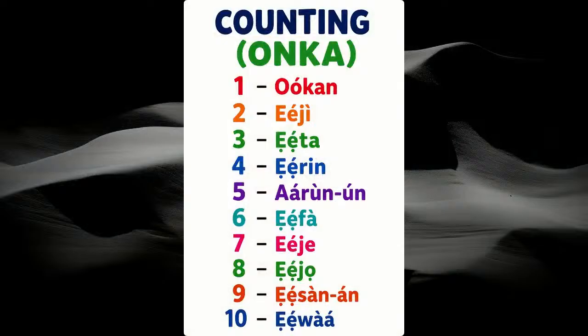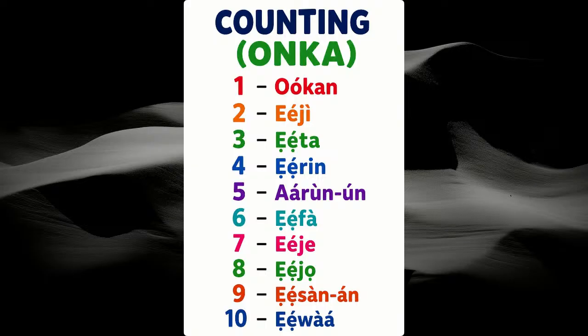Now I'm going to show you how we count from 1 to 10 in Yoruba. If I want to count 1 to 10 in Yoruba, I'd say ọ̀kan, èjì, ẹ̀ta, ẹ̀rin, àrún, ẹ̀fà, èje, ẹ̀jọ, ẹ̀sán, ẹ̀wá.